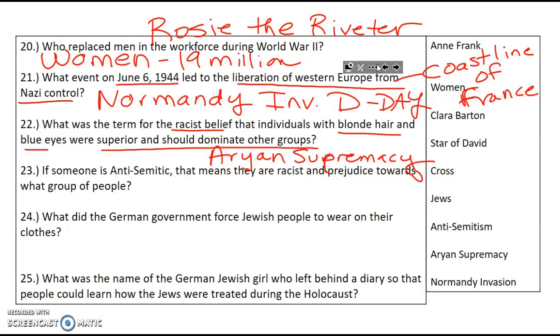23, if someone is anti-Semitic, that means they're racist and prejudiced towards what group of people? Jewish people. And Jews had to wear the Star of David on their clothing in order to go out in public. They were ordered to do that. So their rights were restricted under anti-Semitic laws set forth by Germany, particularly the Nuremberg laws.